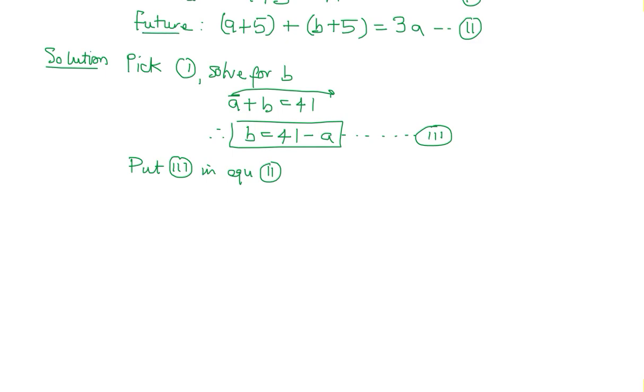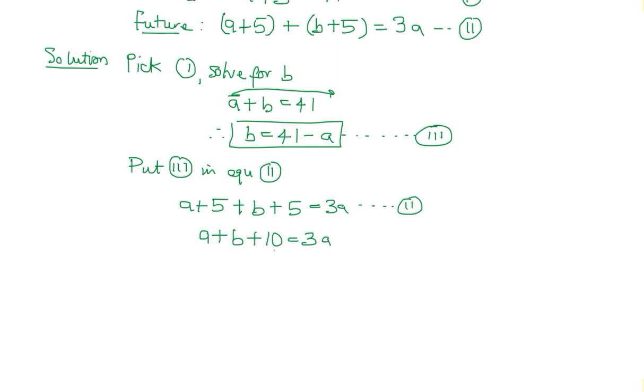And what we have is, once we have our future equation, A plus 5 plus B plus 5 is equal to 3A. First off, let's solve our equation 2 in order for us to have a simplified version. It means here that A plus B, 5 plus 5 gives us 10, is equal to 3A.